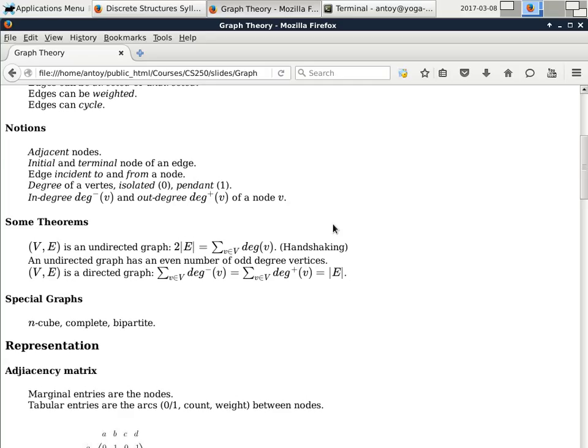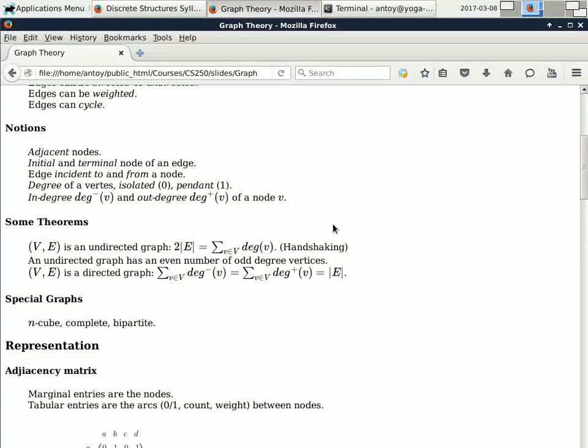Because this sum has to be even, if for some node this number is odd, there has to be another node for which the number is odd to make the sum even. There is no other way. And so we have the second property, that the number of odd degree vertices has to be even. If a graph is directed, we make a distinction between the degree of edges going in and the number of edges going out.